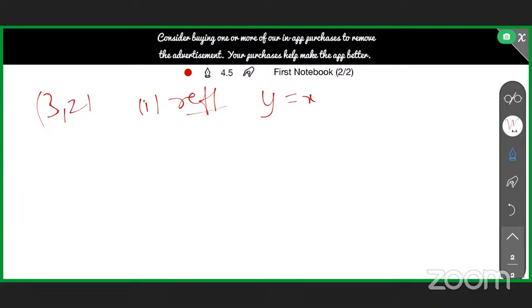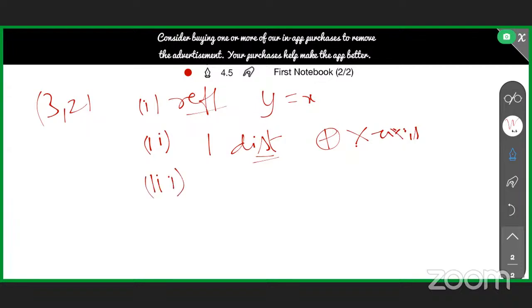Second transformation is translation by a distance of 1 unit in the positive direction of the x-axis.